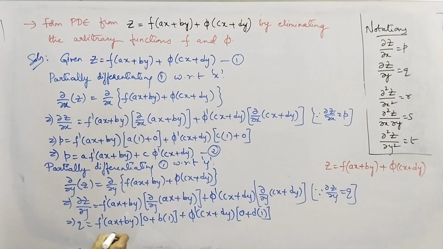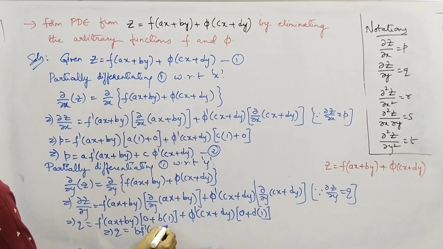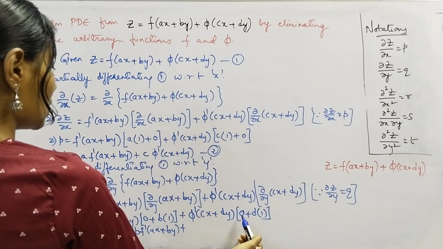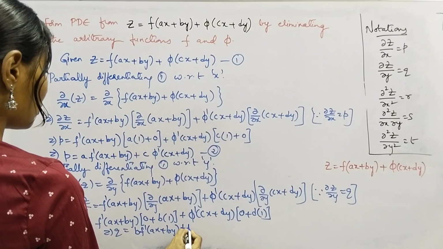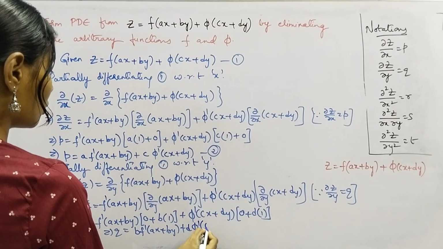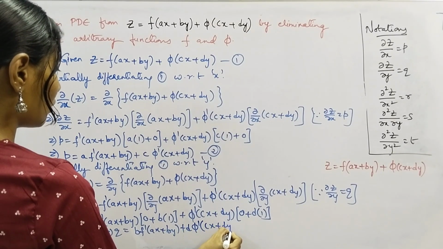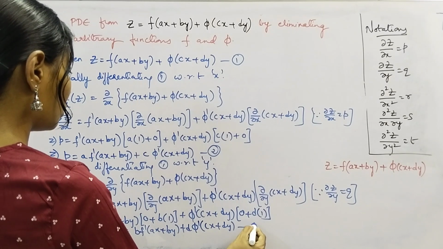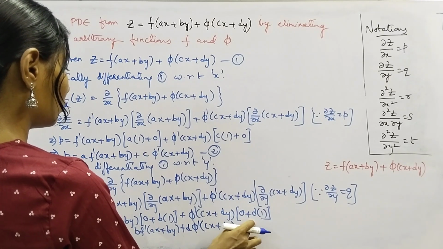And this gives us q equal to b into 1 b plus 0 is b into f dash of ax plus by plus d into 1 d plus 0 d into phi dash is d phi dash of cx plus dy. Consider as equation number 3.